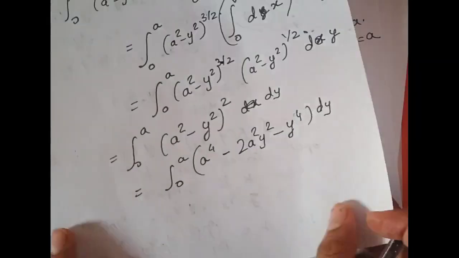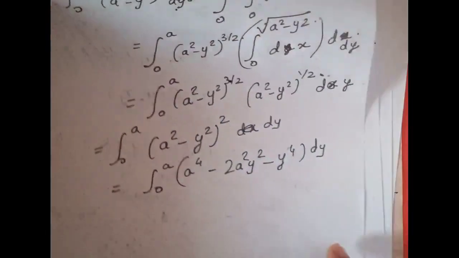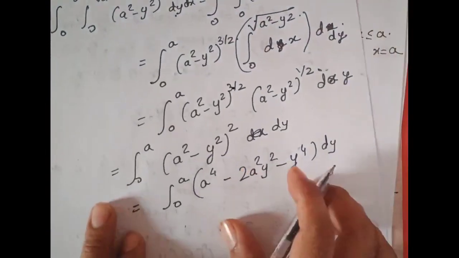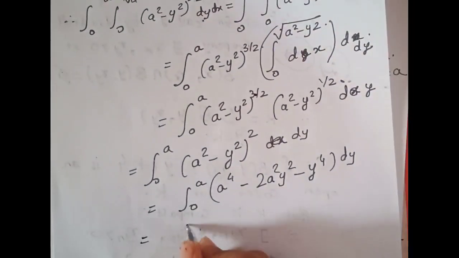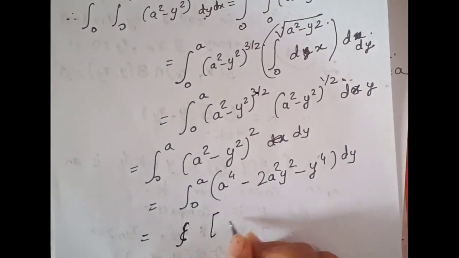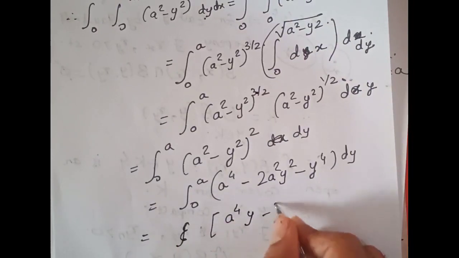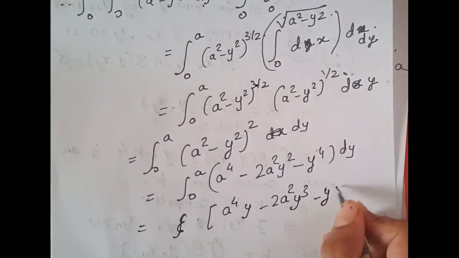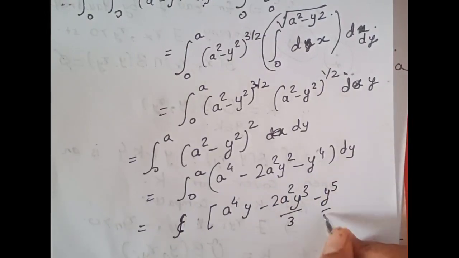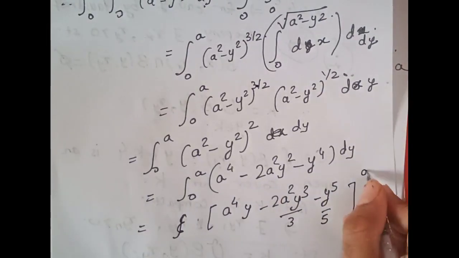And this is integration with respect to y. So therefore we can easily get this is equal to integration, if we take, that will be a raised to 4 y minus 2 a square y cube by 3 plus y raised to 5 by 5, 0 to a.